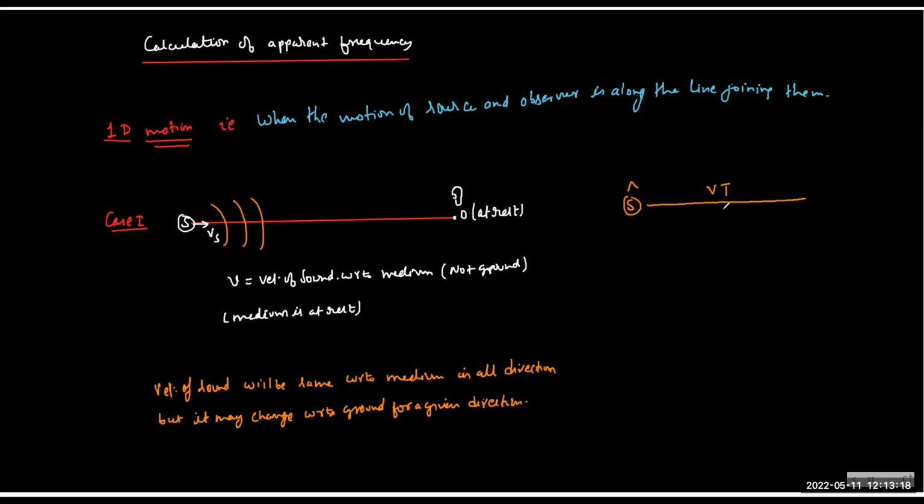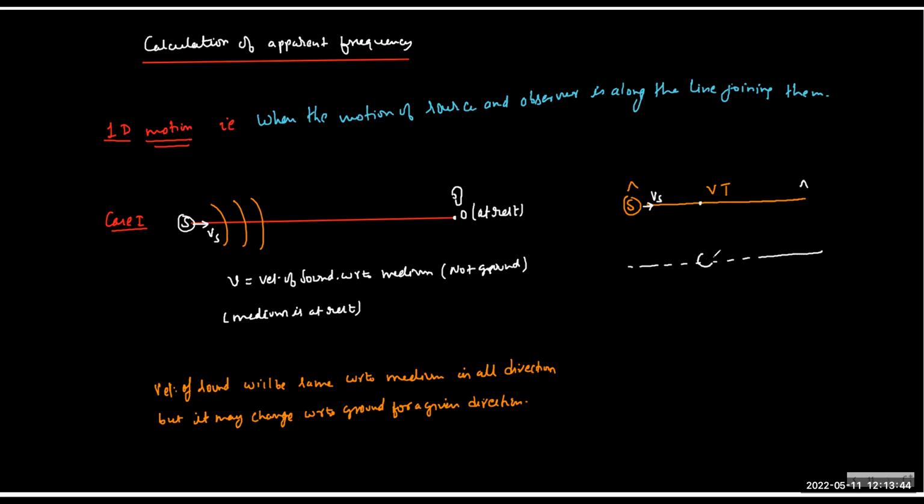And why am I multiplying by time t? Because the next wave will come after time t, isn't it? But by virtue of the motion of the source, in the same time, the source will not be here, right? You can see clearly the peak has reached here, but the source has also moved forward, isn't it?